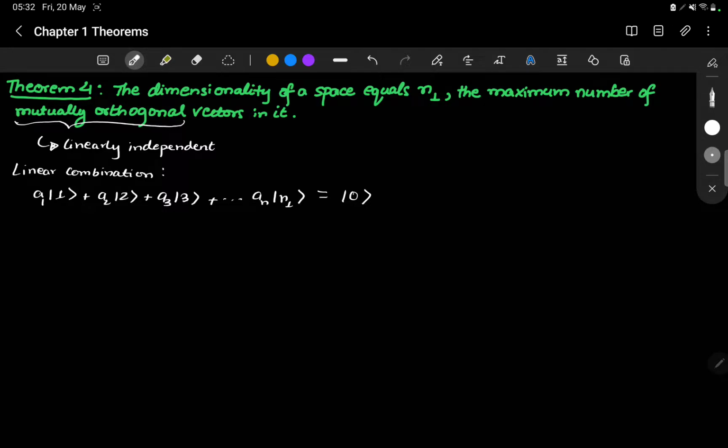So we have this particular linear combination, and after we have taken this linear combination which adds up to the null vector, let us take the dot product on both sides with any one member of the mutually orthogonal set. So let us take the dot product, say with the first vector.